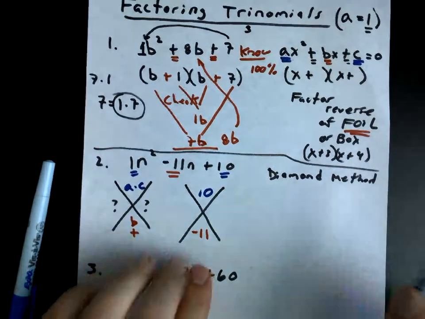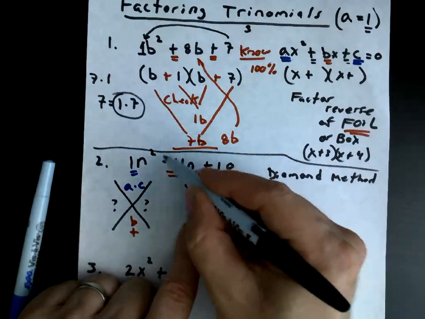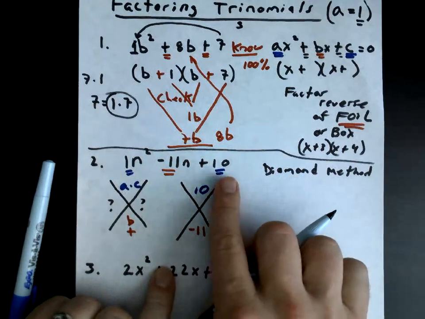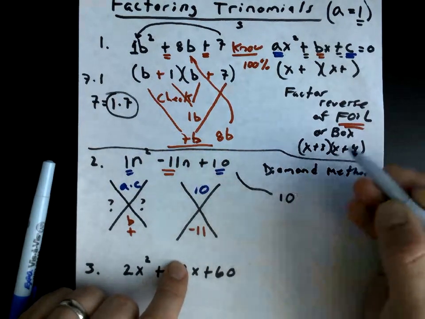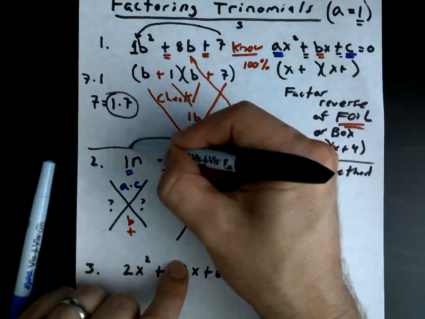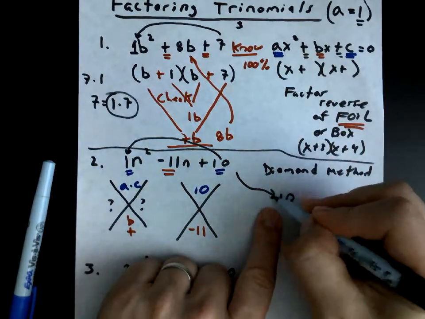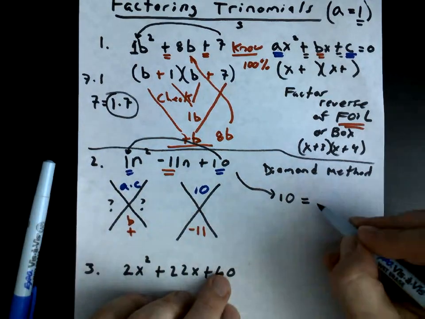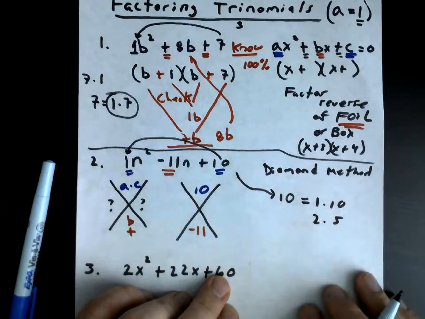Now you run through these two factors here. So I'm going to take that 10, which is 1 times 10. Now I'm going to think of some numbers that make 10, some factors. So maybe 1 times 10, 2 times 5.